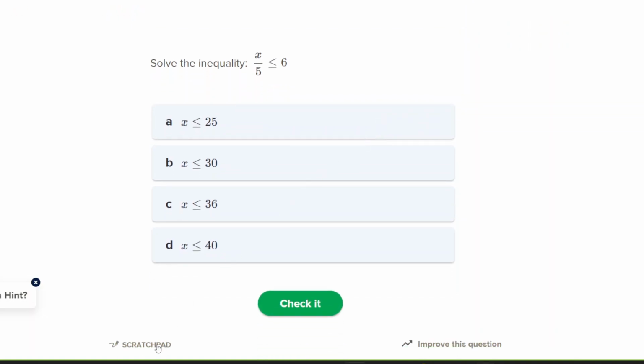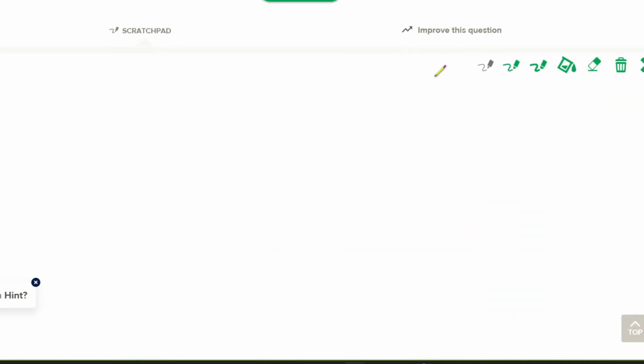So I'm going to write this in my scratch pad. So we have, again, x divided by 5 is less than or equal to 6.